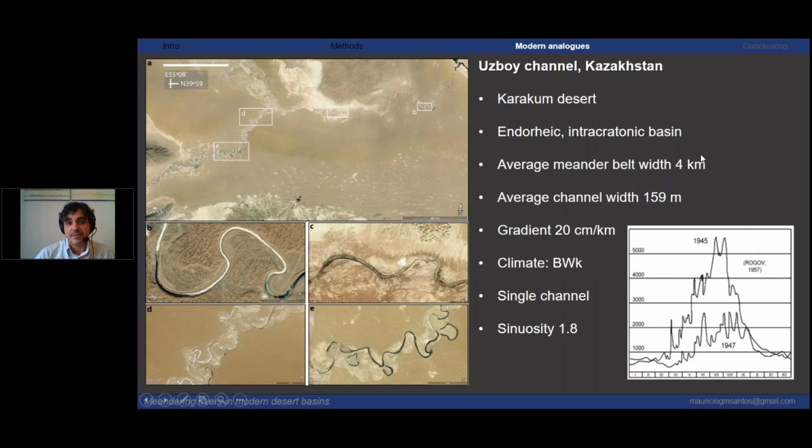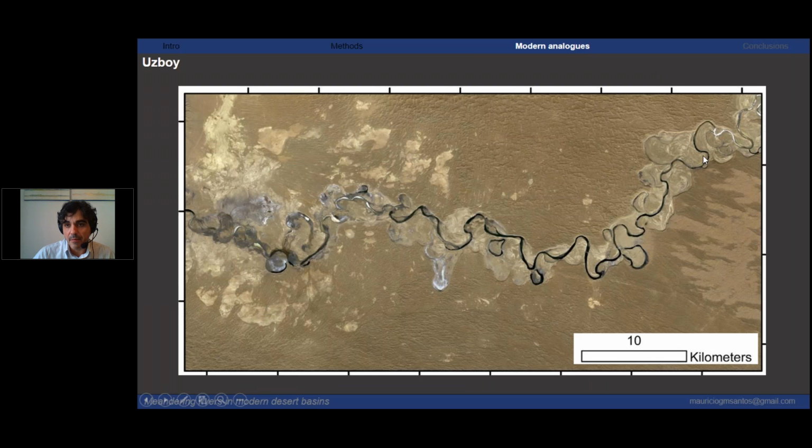In Kazakhstan, in the Karakum Desert, it's an endorheic intracratonic basin. We have beautiful examples of scroll preservation. We have oxbow lake preservation, and there is no vegetation at all in this system. Here is a more detailed image of this, with oxbow preservation.